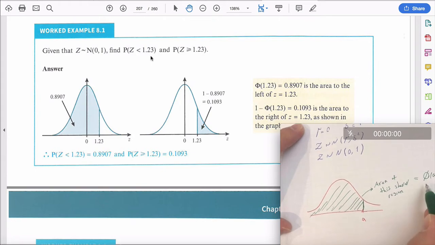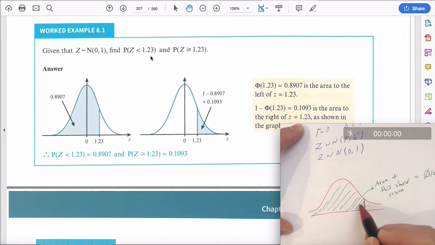Phi of A means area under the graph before point A. I will repeat. Phi of A means area under the normal distribution curve before A, not after A.